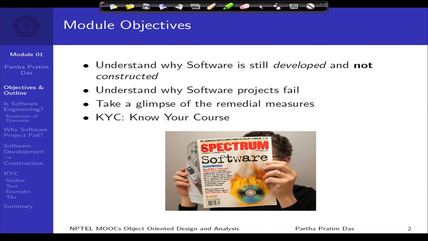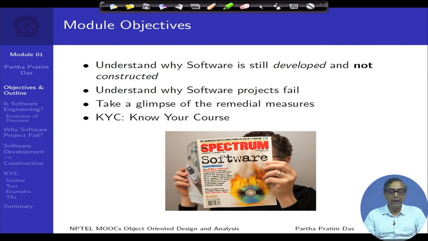Buildings are constructed, power plants are constructed, but software is typically developed, it is not constructed. So, we will take a little bit of a round in terms of why this difference in semantics. We will try to understand why software projects fail and take a glimpse into some of the remedial measures.